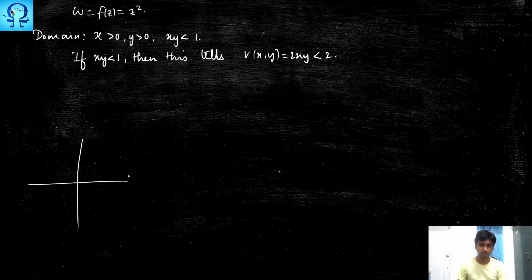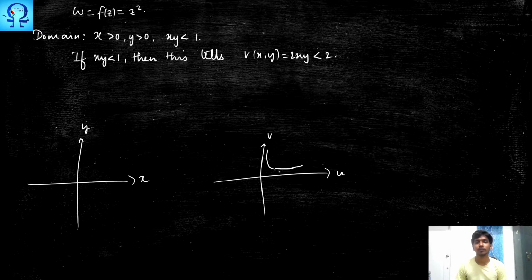So if you have this as your xy plane and this as your uv plane, you are going to have two curves of this sort. We have restricted our domain to be x positive. Sorry, I drew it on the wrong side. So actually here is where we'll have these things.